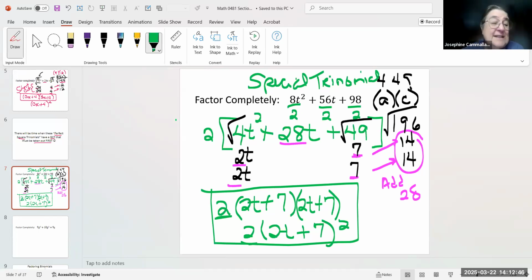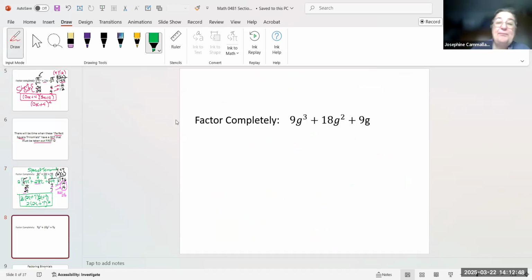Okay. Well, let's take a look at this one. Well, this one, okay, I agree. This 9 is 3 times 3. This 9 is 3 times 3. But you also have these G's.